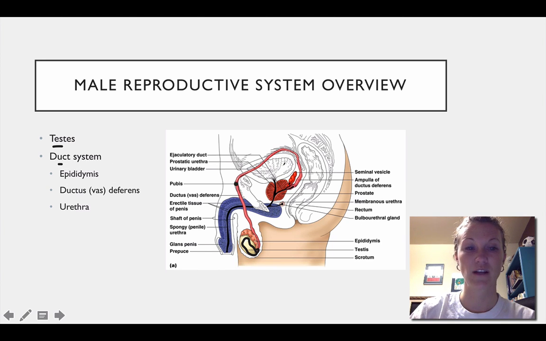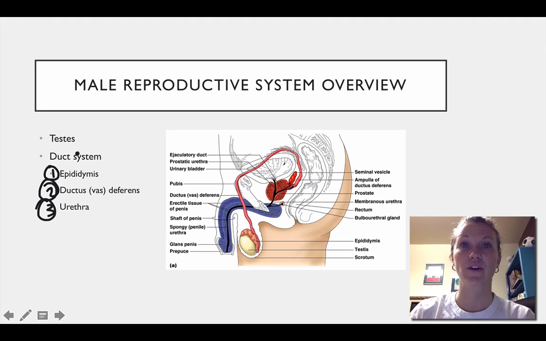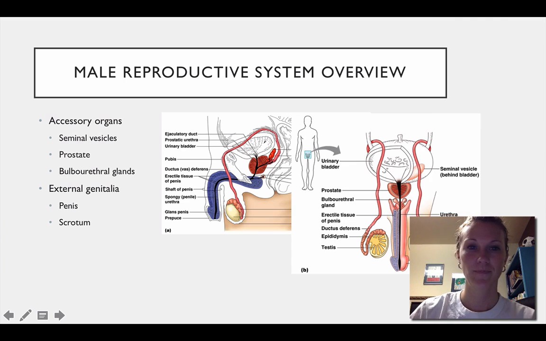The duct system includes the epididymis, which is this structure right here, and then we have the vas deferens or the ductus deferens right in here, and then from there we have the urethra, which is right here. So the duct system is made up of three different structures: the epididymis, the vas deferens, and the urethra. Make sure you know that there are three parts that make up the duct system.